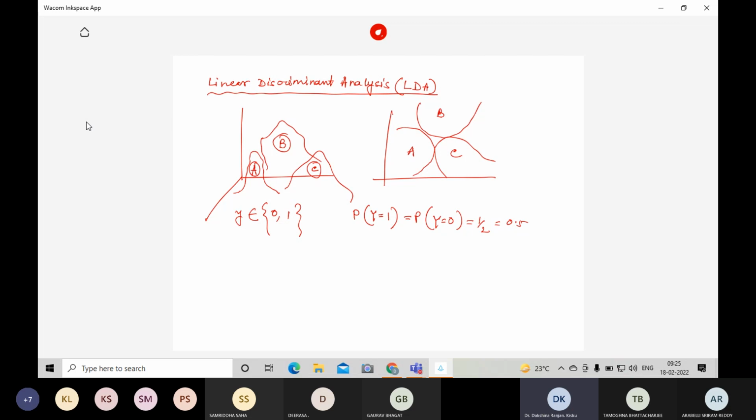We are considering that the probability of class density for each class in the population is equal. Since we are taking two classes, 0 and 1, the probability of each class density will be 0.5, or half. This is the initial assumption that we make, and the estimated class boundaries will be piecewise linear functions.